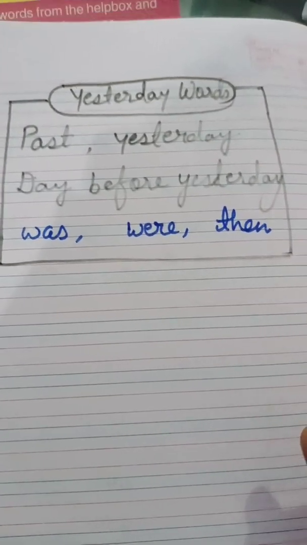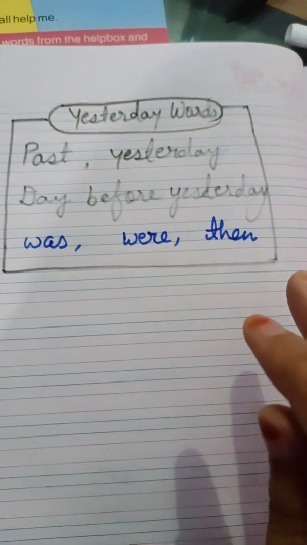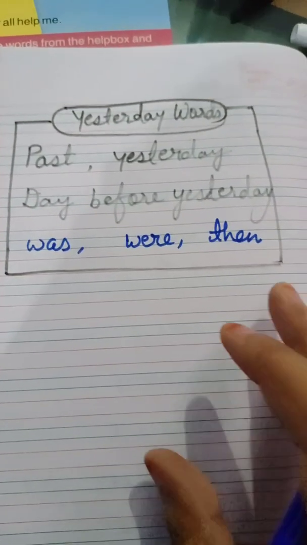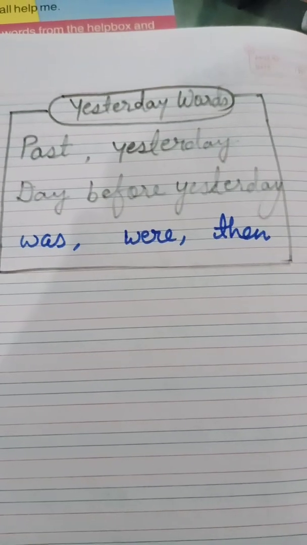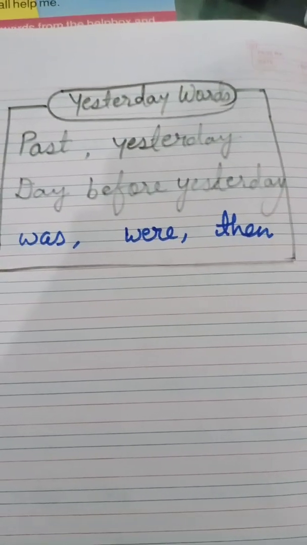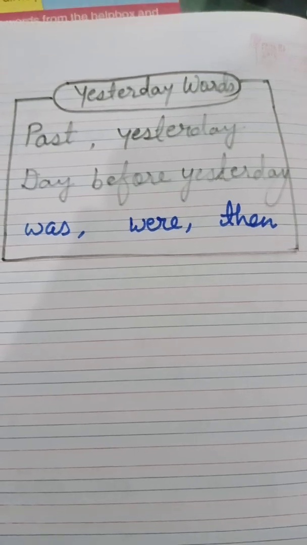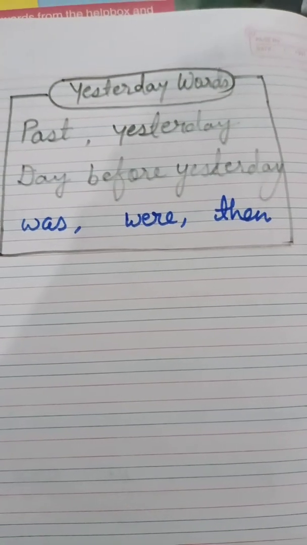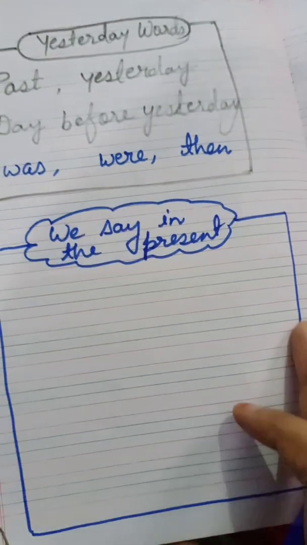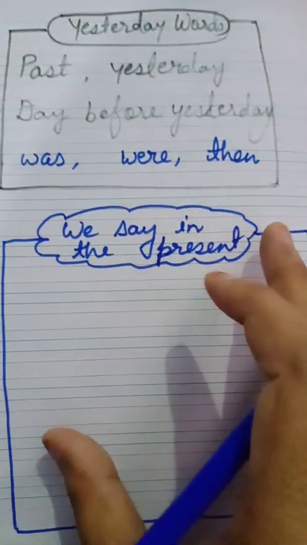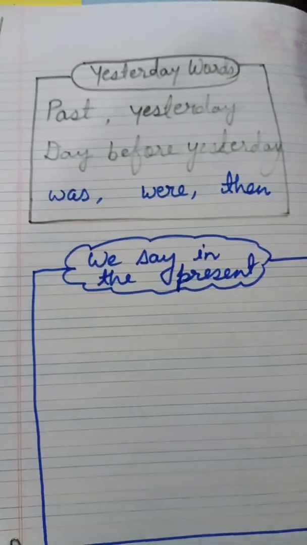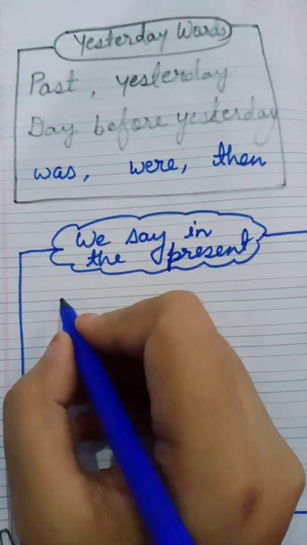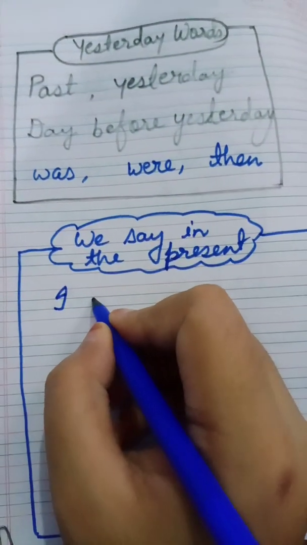And if we say any sentence in present, how do we use the words? So we will see here how to say words in present action. If we are talking about a present sentence, the action which is going on, we always write I am.